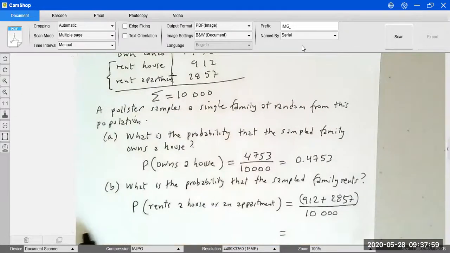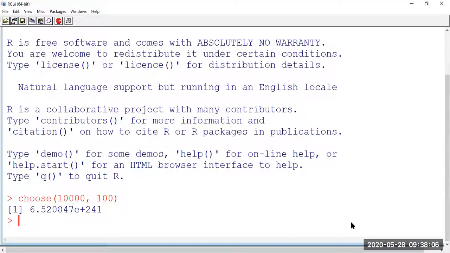So we need to use a calculator or use our console. And remember, we're going to use a parenthesis. Then we're going to write the numerator. So 912 plus 2,857, and we're going to divide that by 10,000.